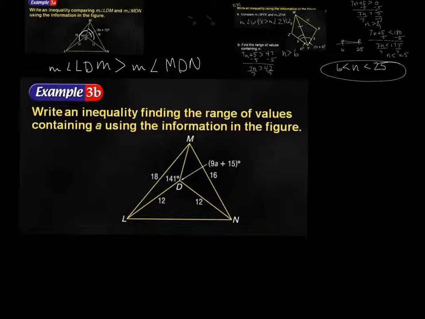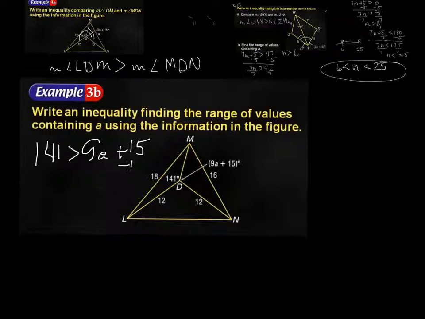Now they want us to write an inequality, finding the range of values containing A using the information in the figure. Okay, from part A, we said that the measure of angle LDM, which is 141, is greater than the measure of angle MDN, which is 9A plus 15.